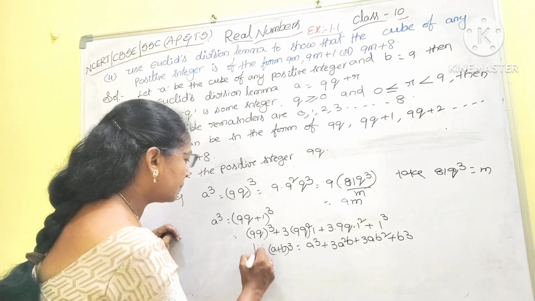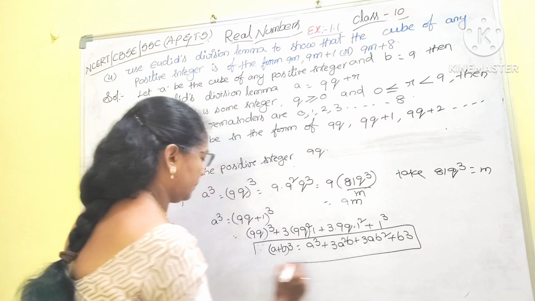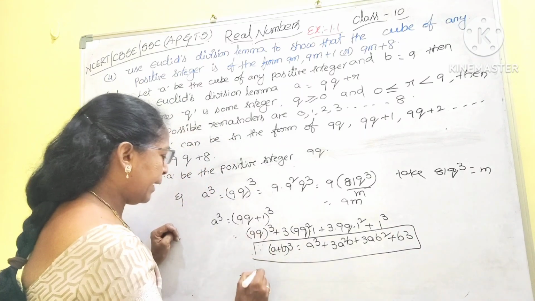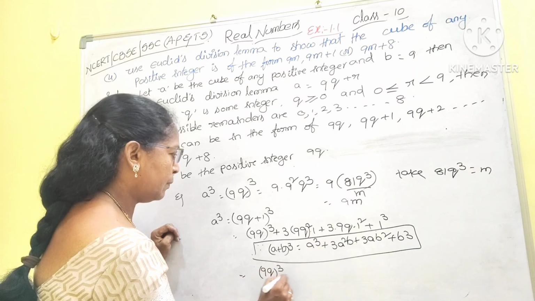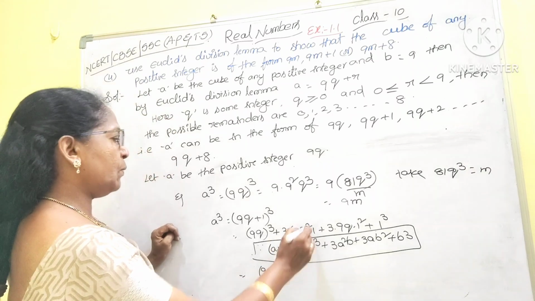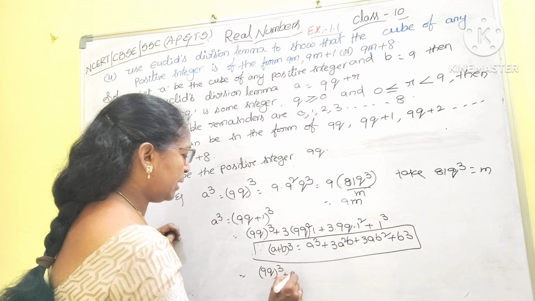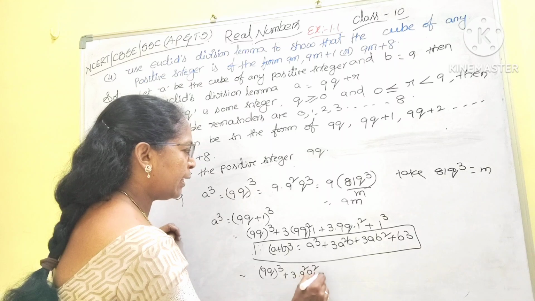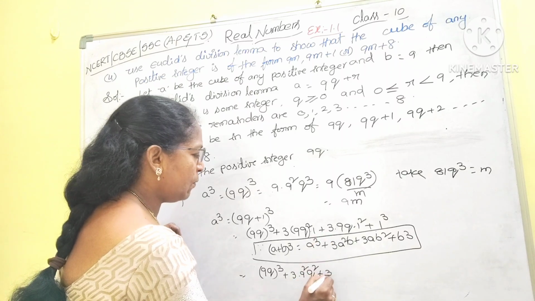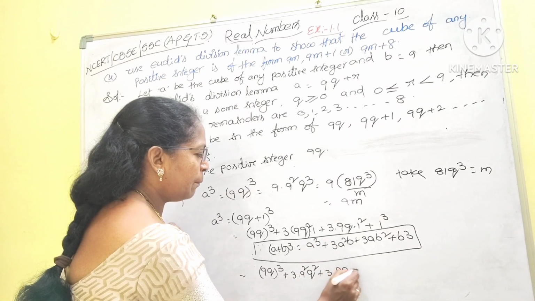Now here, in this, 9Q whole cube plus 3 into 9Q whole square, 3 into 9 square Q square, plus 3 into 9Q, plus 1.